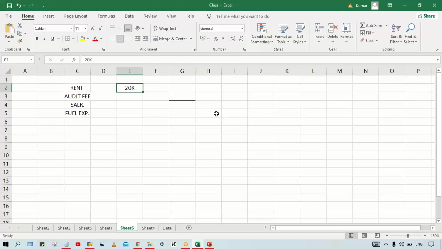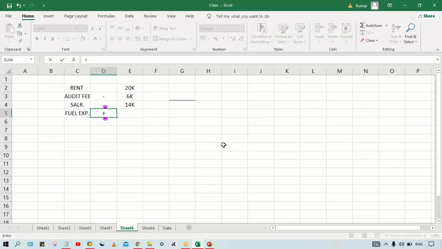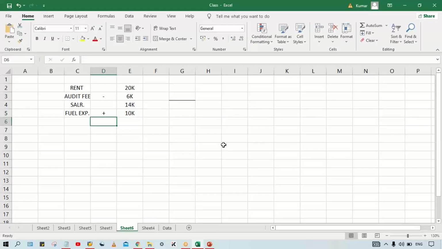Let's suppose certain purchases have taken place of like 6k. So now how much remaining, guys? 14k, right? At the same time, this 6k is minus. So 14k. At the same time, there is scrap worth 10k.